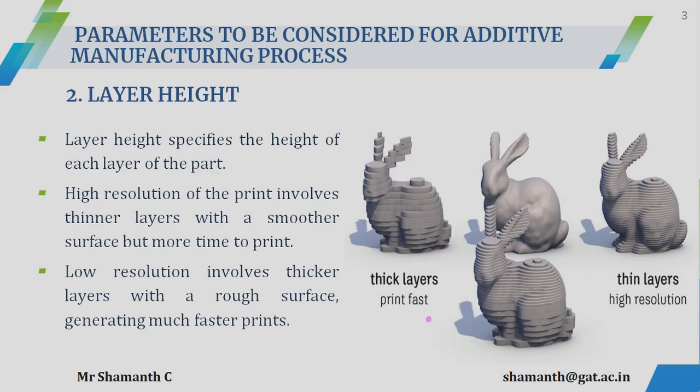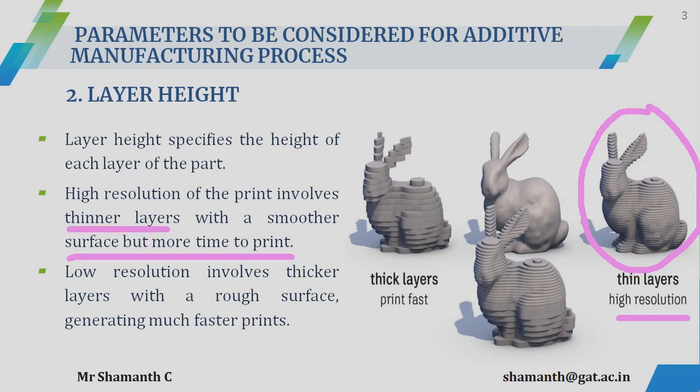Whereas in another model you have very thin layers, which means the layer height is very small. When you have a smaller layer height, it gives you a very high resolution, and because of that high resolution the print involves thinner layers with a smoother surface, but it takes more time to print.